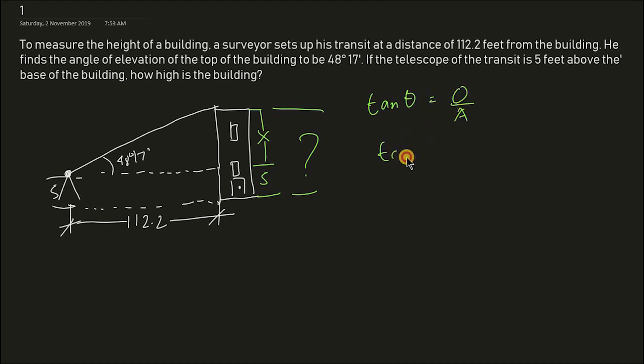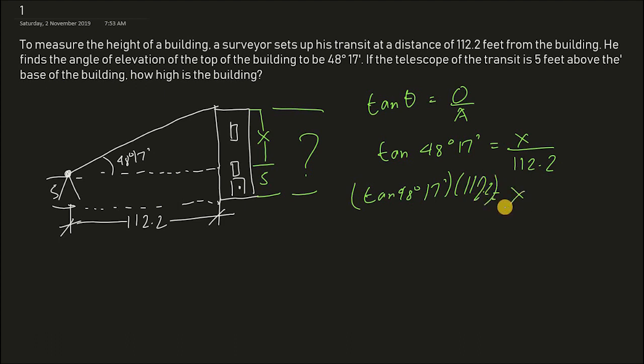Okay. So, tangent theta, ang theta natin is 48 degrees 17 minutes is equal sa opposite. Opposite is the x. Yun po yung hinahanap natin. And adjacent side is 112.2. So, evaluating that, transpose natin sa kabila. So, that would be equal to tangent 48 degrees 17 minutes times 112.2.